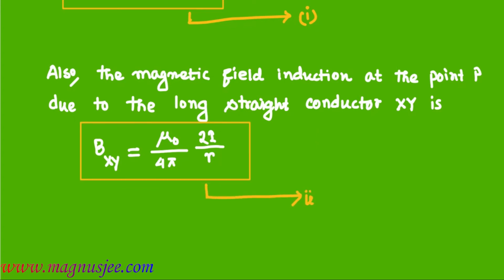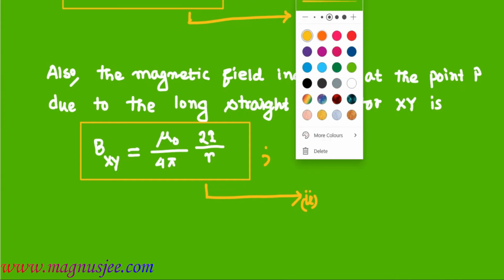And this magnetic field induction at the point P due to the current flowing through the long straight conductor XY from X to Y end acts outwards. BXY acts outwards.